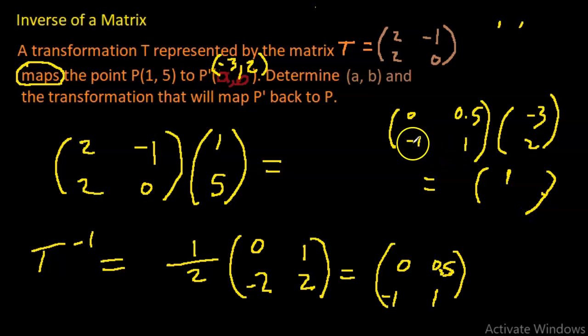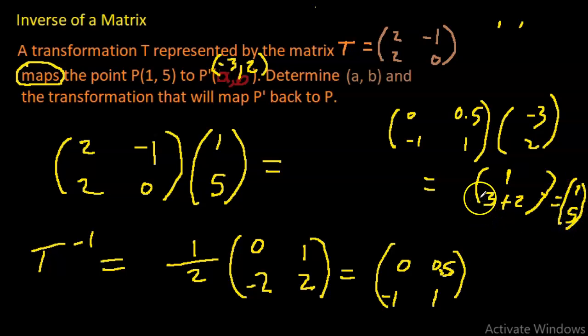Here now, we have negative 1, 1 times (-3, 2). So negative 1 times negative 3, that's positive 3, plus 1 times 2, that's 2. So we end up with (1, 5). Good?